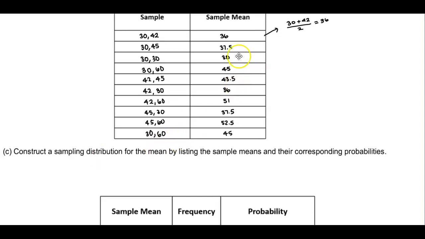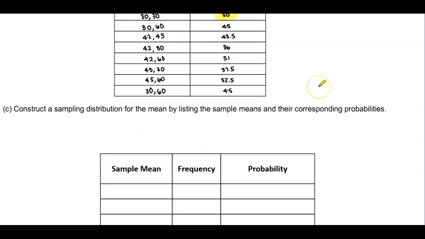What is the lowest sample mean? We want to write this in ascending order from least to greatest. If we take a look at the first sample mean, 30 is the first one.